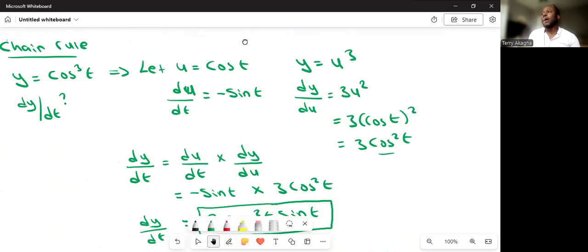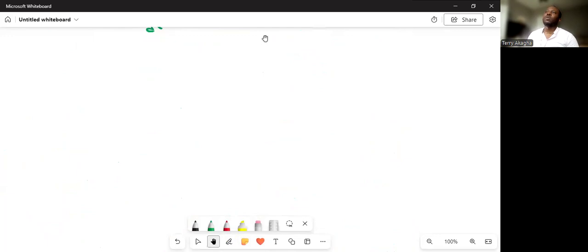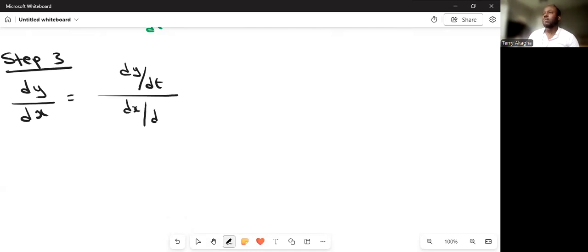We're looking for dy over dx. So step 3, I told you the steps, we know that dy over dx is equal to dy over dt, all divided by dx over dt.